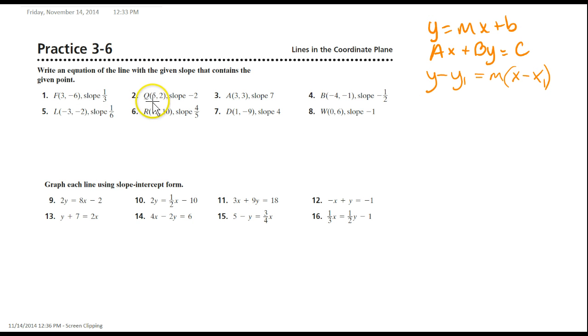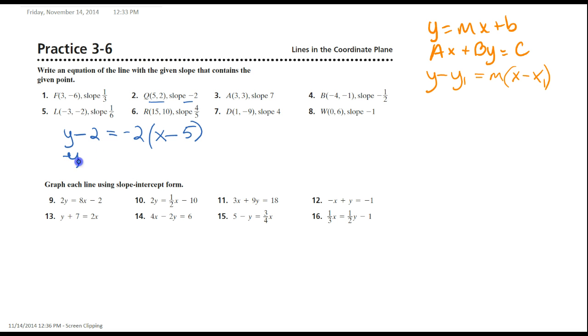Number two, I have a point and a slope. So I'm going to use the same thing, point-slope form, and then simplify it so that I get y alone on one side of the equal sign. Here we go. Y minus y1 equals slope times x minus x1.